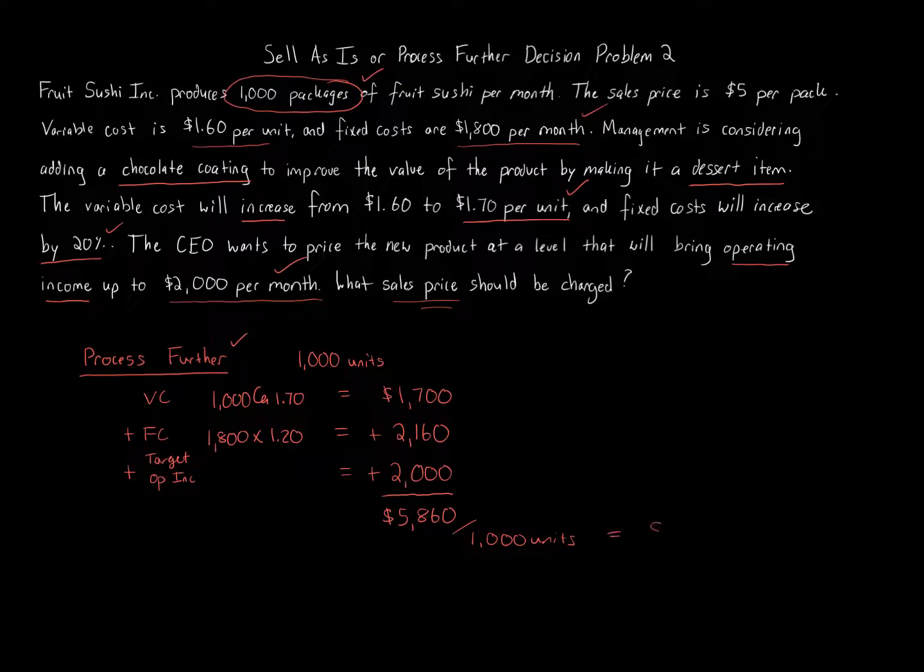And we're going to get $5.86 per unit. So $5.86 per unit, that is the amount we should sell for if we want to process these fruit sushis further by putting on the chocolate coating and selling as a dessert and getting $2,000 per month.